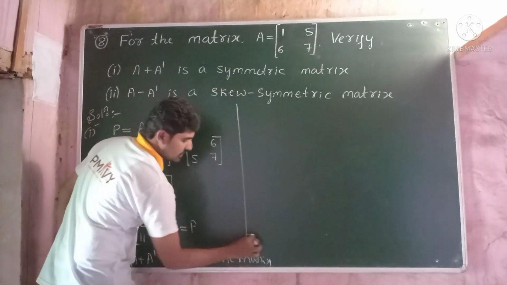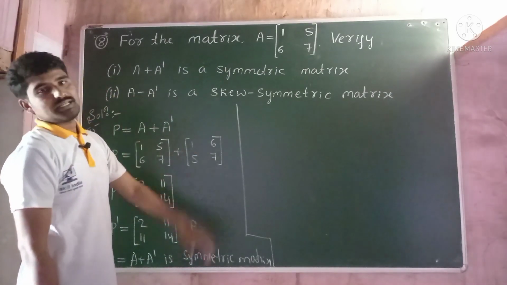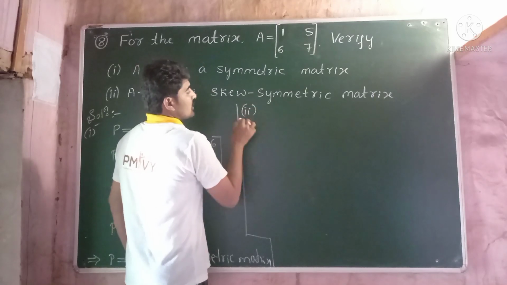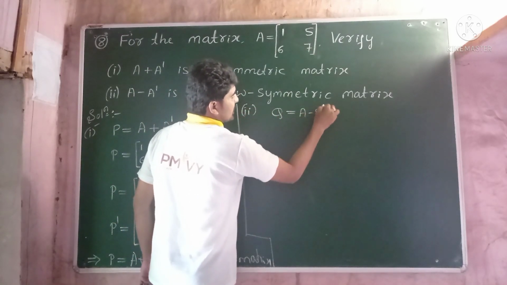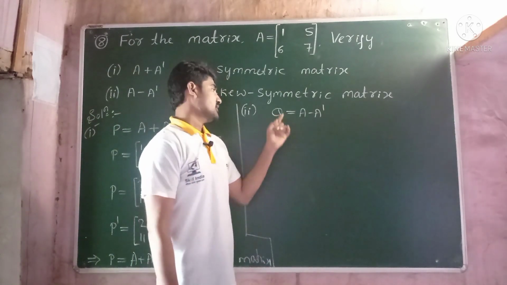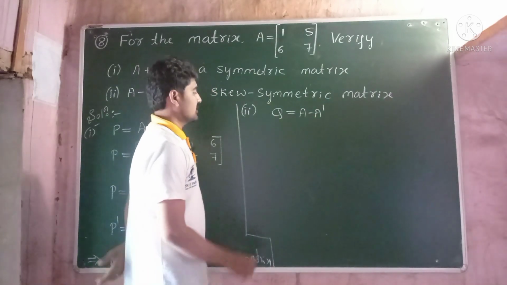And now the second question. In this second question we need to prove that A minus A dash is a skew symmetric matrix. So let Q equal A minus A dash. To prove A minus A dash is skew symmetric, we just prove Q is skew symmetric, then obviously A minus A dash is a skew symmetric matrix.